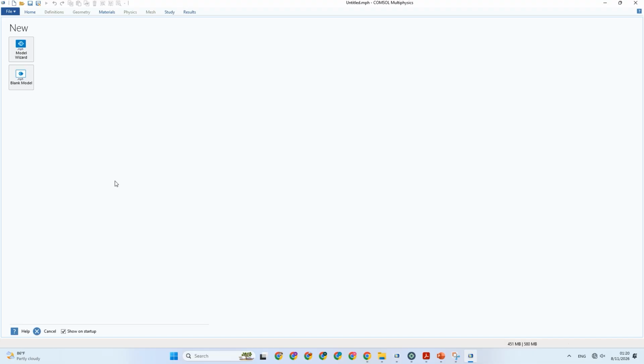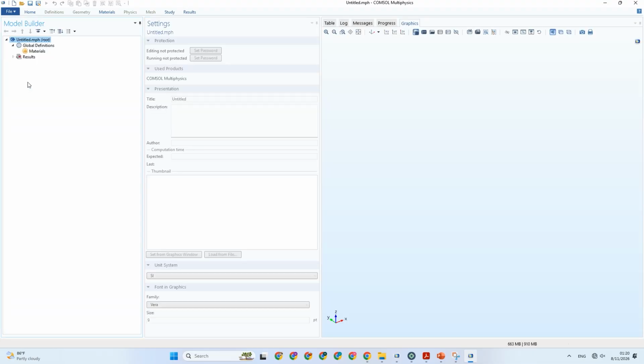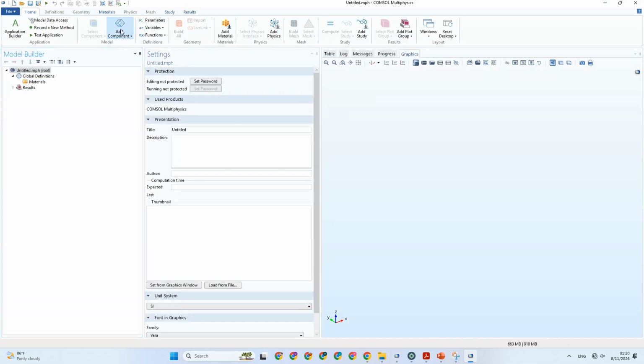Okay, I choose Balang model. For example, 3D, I just check the physics.